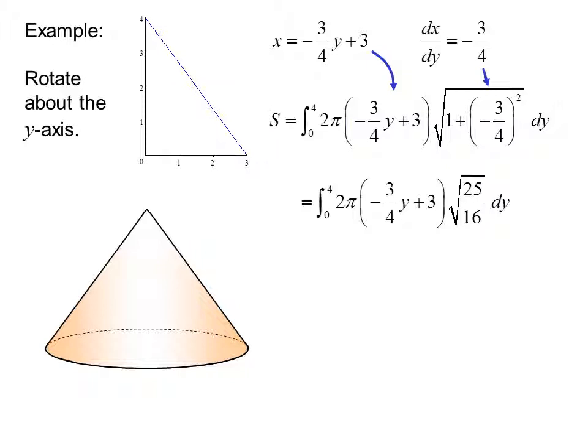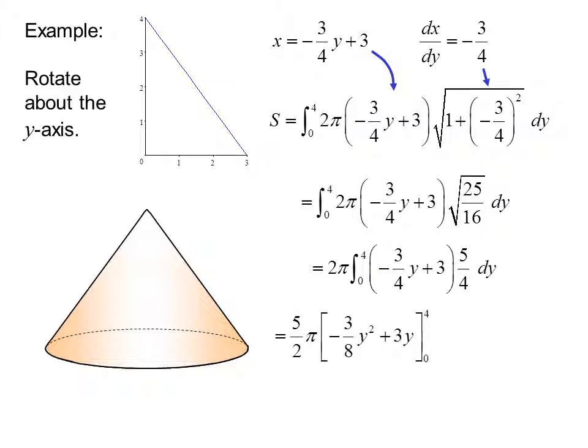Which is the integral from 0 to 4 of 2 pi times negative 3/4 y plus 3 times radical 25/16 dy. We can factor out the 2 pi as a constant. So it's 2 pi times the integral from 0 to 4 of negative 3/4 y plus 3 times 5/4 dy.